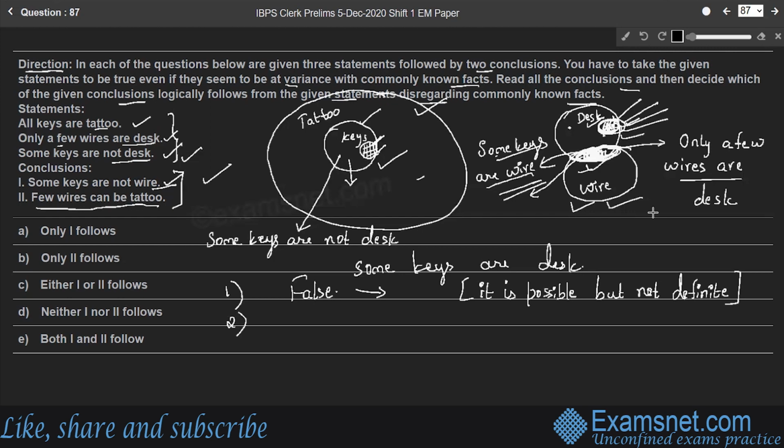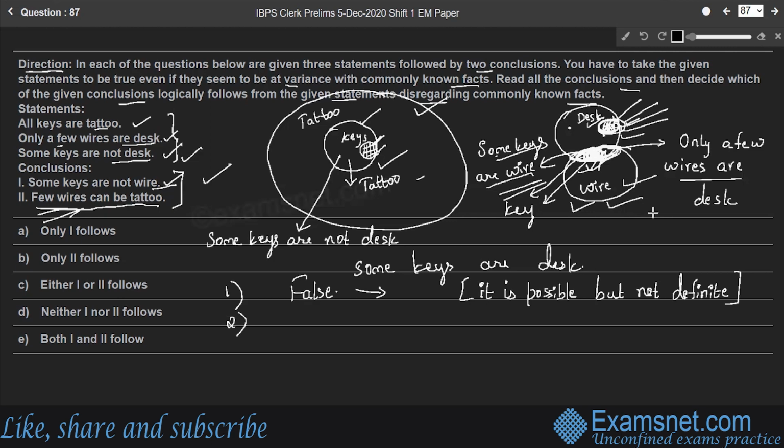So keys are nothing but tattoo. So if the set of keys portion is in this intersection part, then this will be included in the set of wires also.